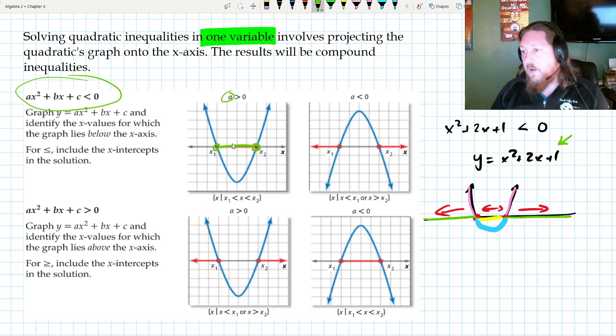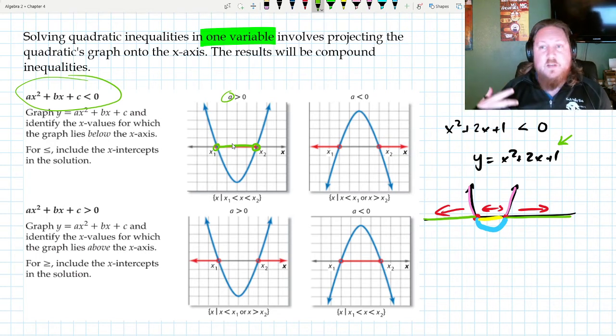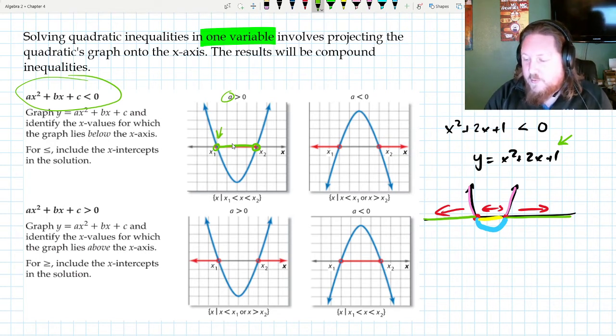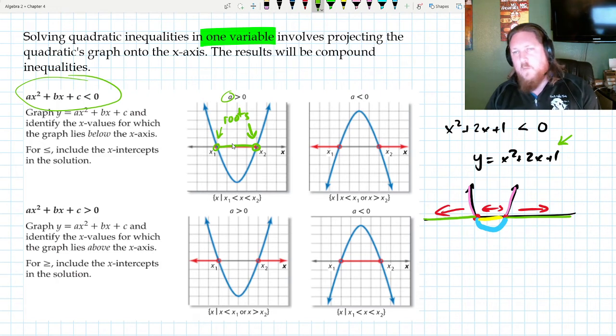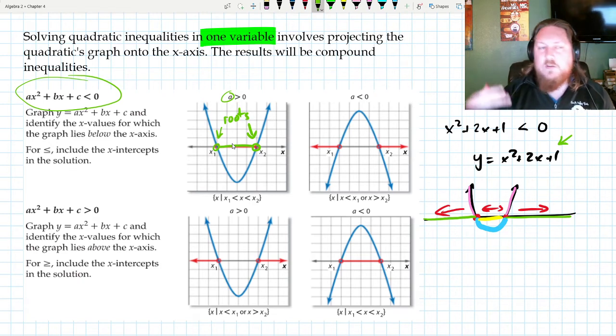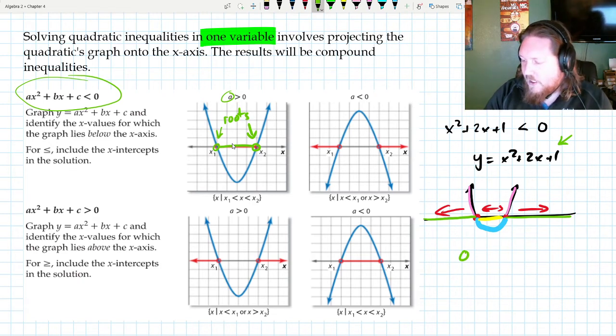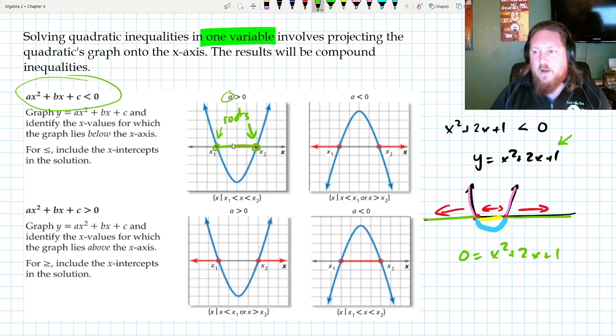It's really good that it's between the two roots because we can find the roots very easily. All we have to do is solve the quadratic. We can factor it, complete the square, or use the quadratic formula. We just set the quadratic equal to 0, and then we can find our answers.